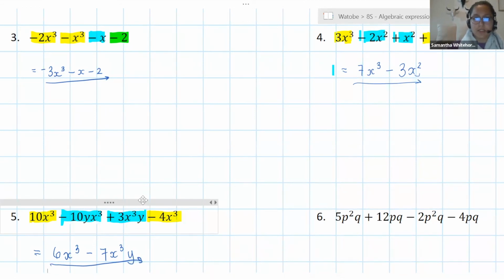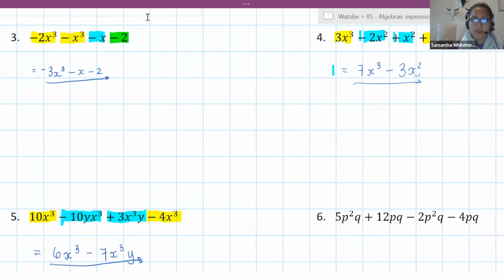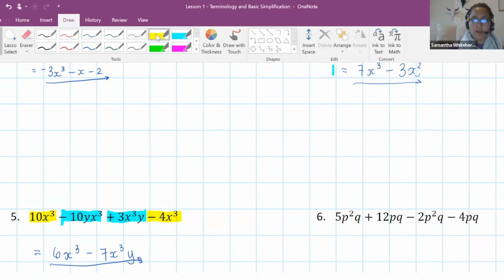Right, I'm seeing some answers for 6. Well done, guys. Let's keep going. I'm going to give you another minute or so for question 6, and then we will have a look.